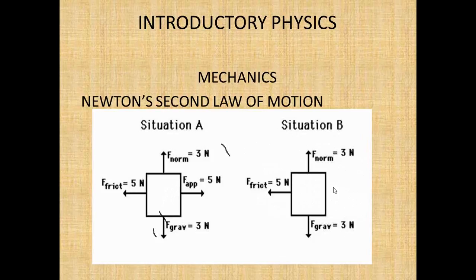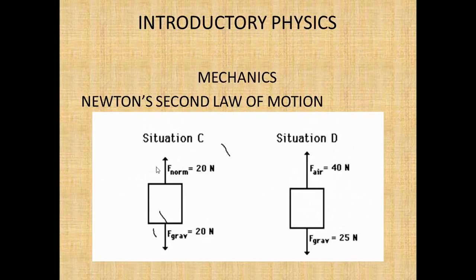Remember, the acceleration is in the same direction as the net force, so the acceleration is to the left. Therefore, if the object is moving to the right and the acceleration is to the left, that means the object is slowing down. It's decelerating. We'll get back to that.